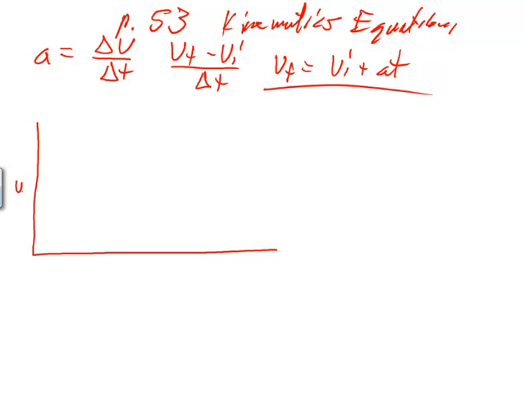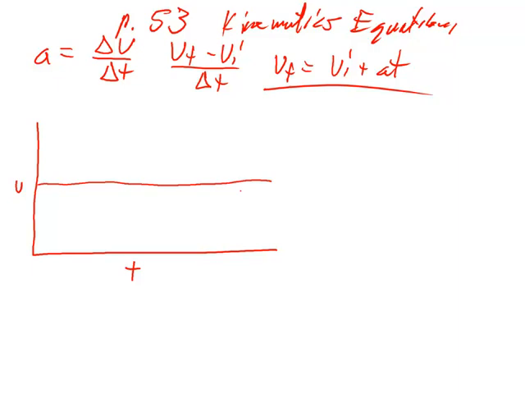If we graph velocity and we graph time, just like this right here. And remember, y'all, whenever we have constant velocity, it's going to look like that on a graph, isn't it? If the velocity is not changing on a velocity-time graph, it's going to look like that right there.